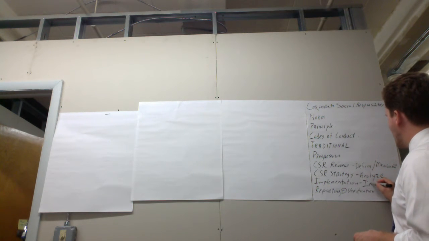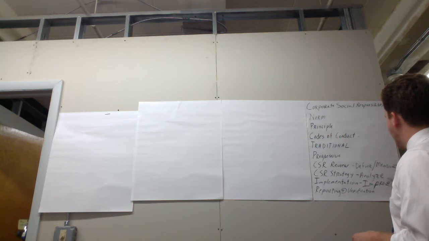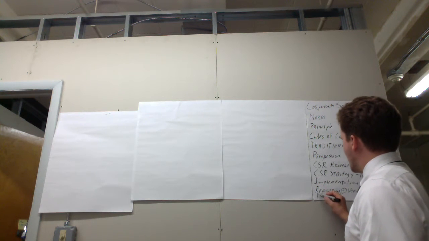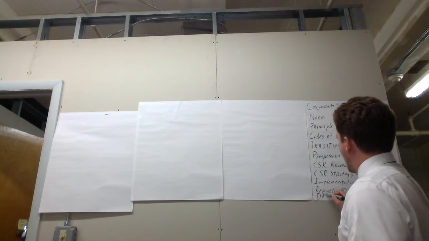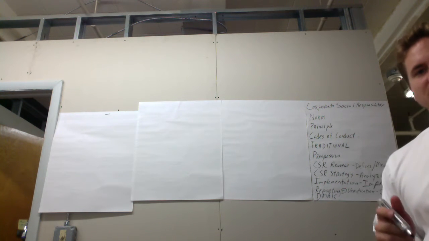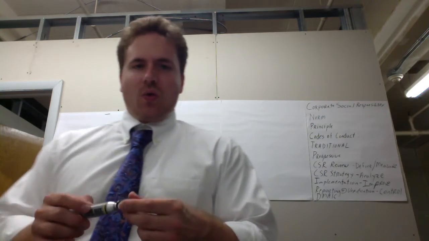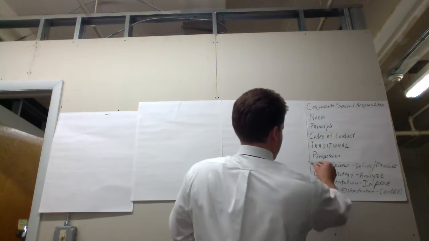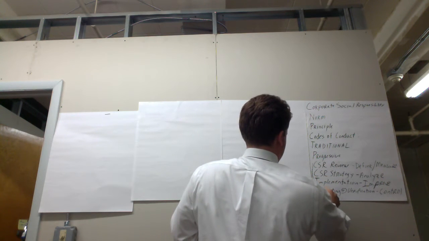Implementation will be like improve. And this is your control phase. You may see this referred to in your professional career as DMAIC. Define, measure, analyze, improve, and control. Okay? So there's also kind of a continuous feedback loop that goes on here.